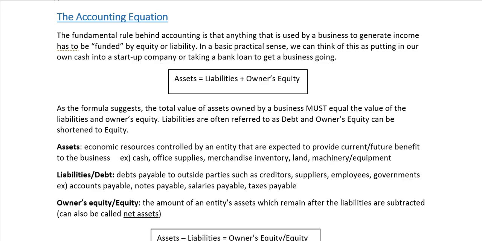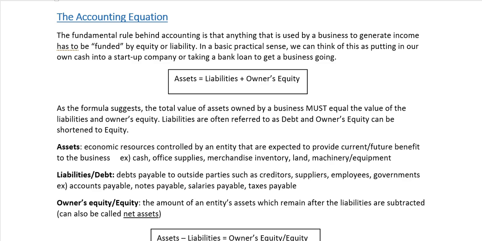Moving on to liabilities and debt. So anything that's payable to an outside party, and outside parties can mean creditors, suppliers, employees, and governments. Some examples of debt which the company may owe to the aforementioned parties are accounts payable.